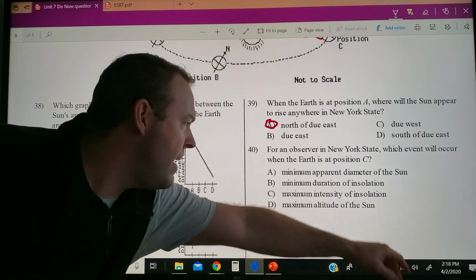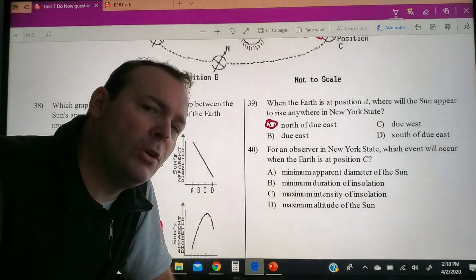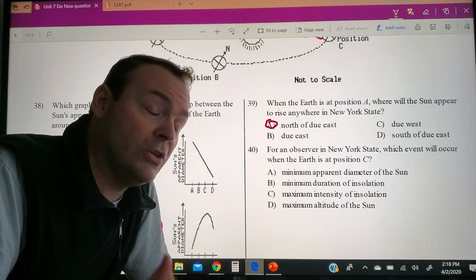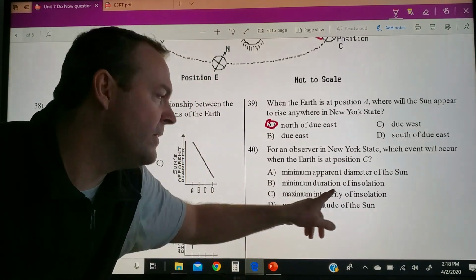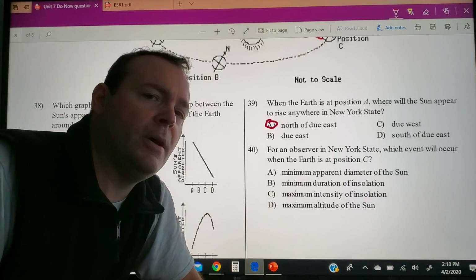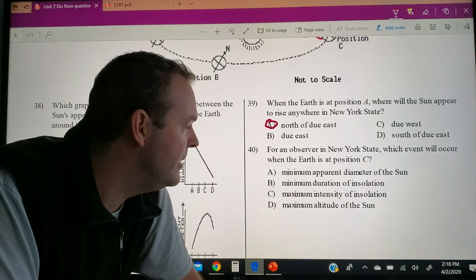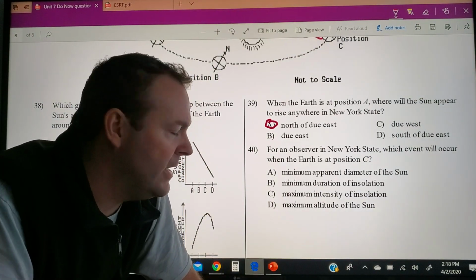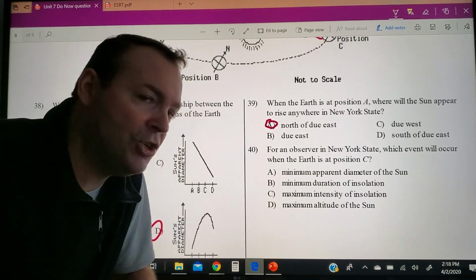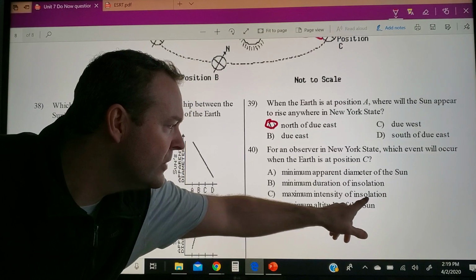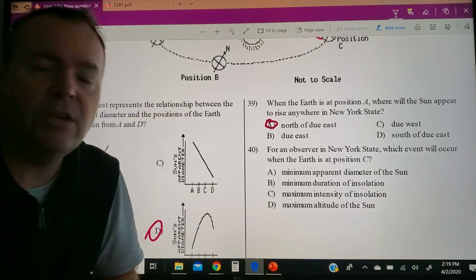Minimum apparent diameter, that means the sun will look smaller, but remember, we're actually closer to the sun in the wintertime, so that's no good. Minimum duration of insolation, there it is, dura, that prefix for amount of time in this case. Yes, and on December 21st, we have the shortest day, so that's your minimum duration of incoming solar radiation.